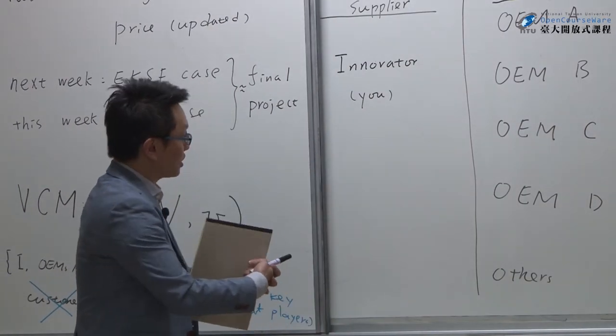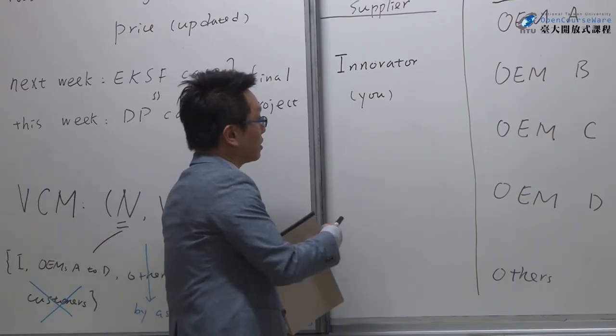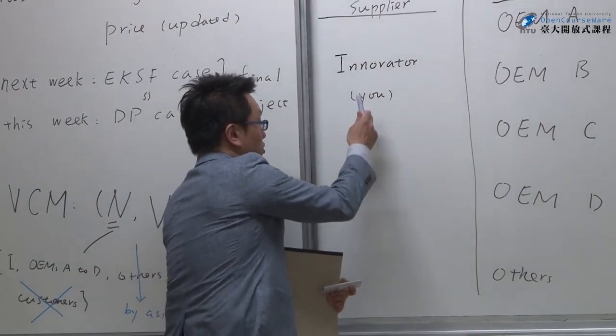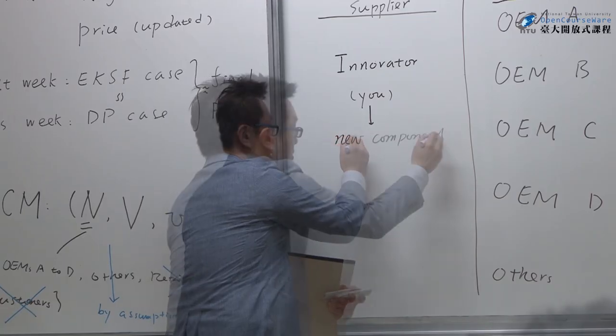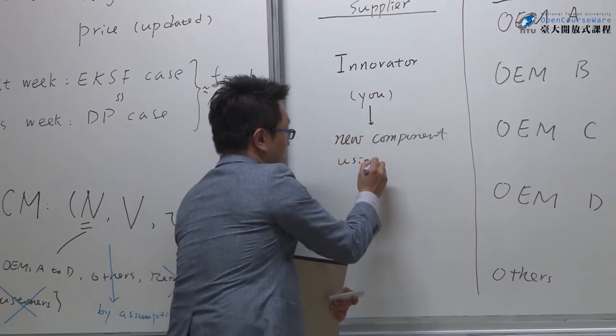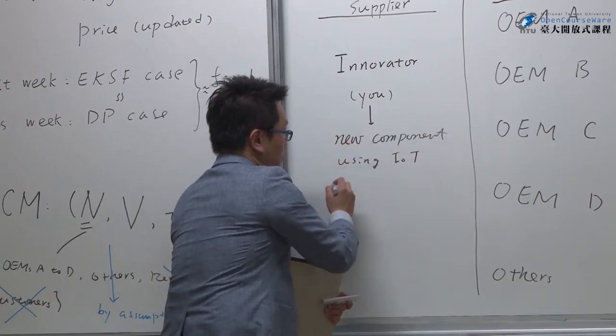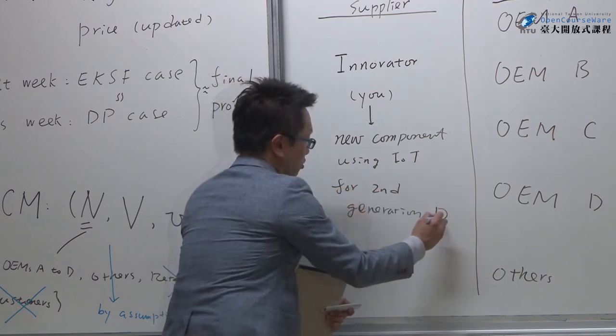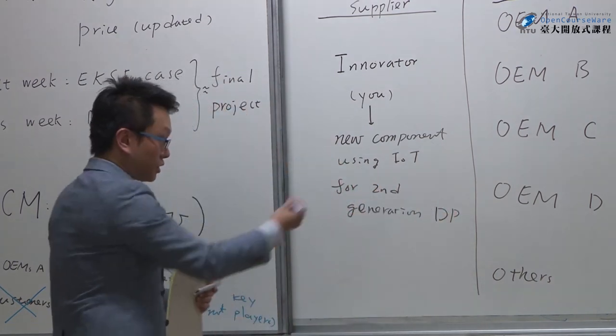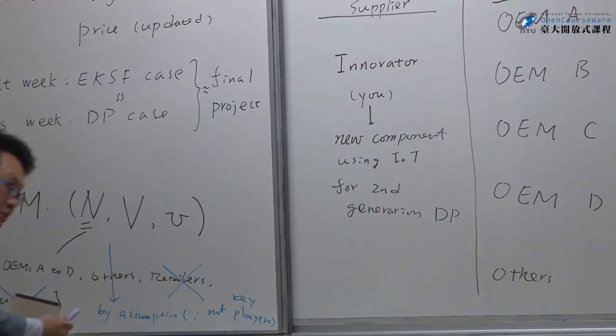So you are doing the component innovation. I can write it down here: you are doing a component innovation, a new component using IoT, for the second generation digital product. So that is your business plan proposal.